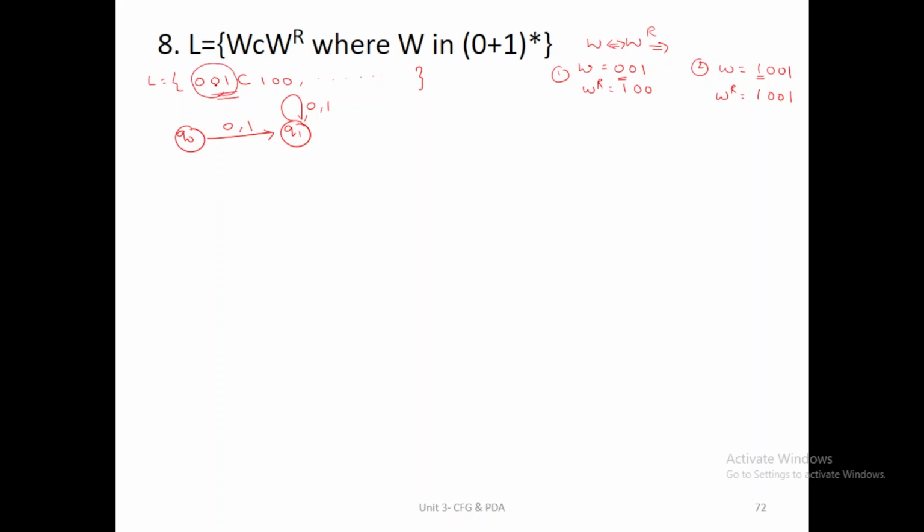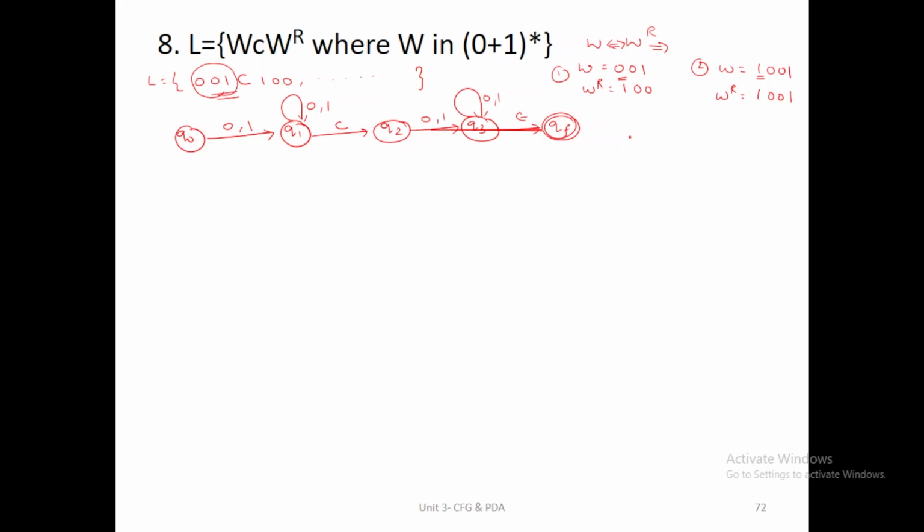So all the symbols in W will remain in the Q1 state. After that, if you read C, you immediately go to Q2 state. Then from Q2, there may be the possibility of 0 or 1. On the first 0 or 1 symbol, you go to Q3 state. For the remaining symbols, you should stay in Q3 state. After that, if you are reading epsilon, you can automatically go to the final state. So this is the procedure.